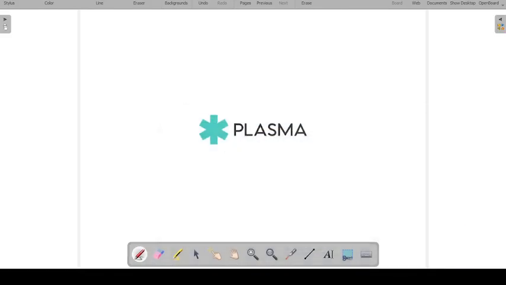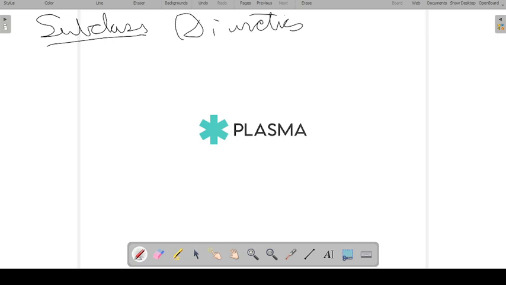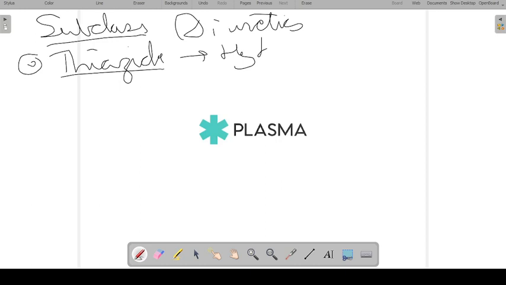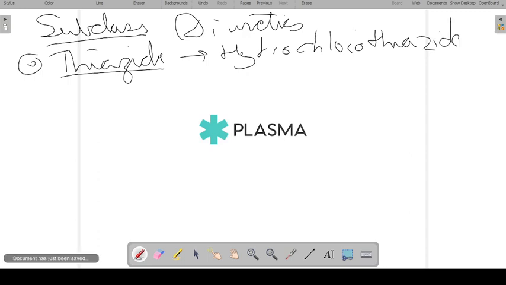So we are going to discuss the summary of drugs used in hypertension. First is the subclass diuretics, which contains thiazide diuretics: hydrochlorothiazide and chlorthalidone.